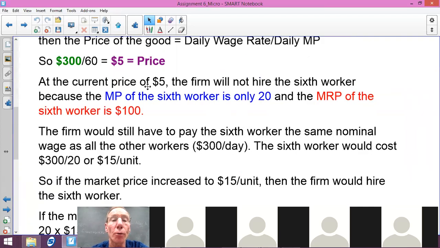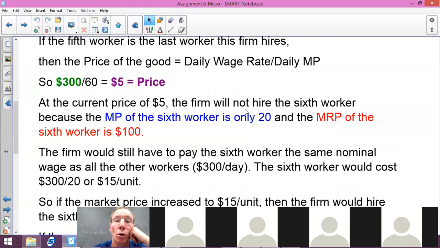Okay, so at the current price of $5, the firm will not hire the sixth worker because the marginal product of the sixth worker is only 20, right? And the marginal revenue product of the sixth worker is 100. So they wouldn't hire that sixth worker.